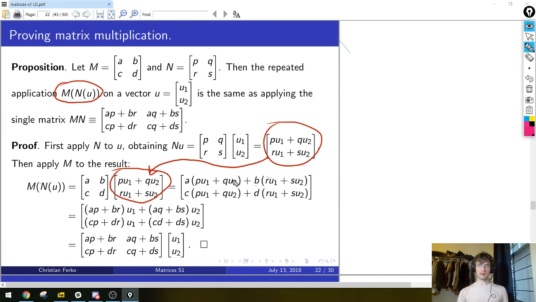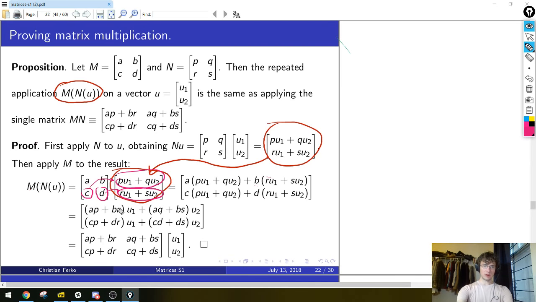So that gives us the first component. Now I have to take C times the first component, so C times PU1 plus QU2. It's this. And I add to that D times the second slot, so D times RU1 plus SU2.